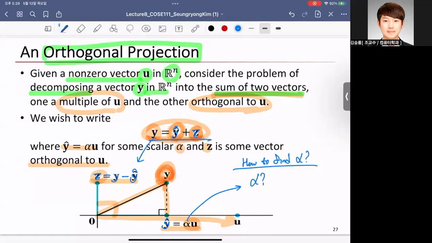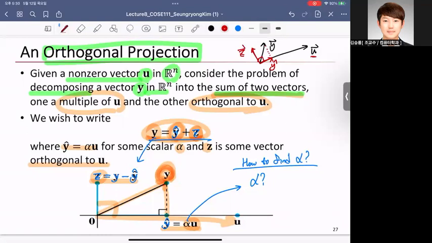What does the orthogonal projection mean? Let's suppose you have an arbitrary vector y and another arbitrary vector u. Orthogonal projection means you want to find the vector that is a multiple of u. So y hat should be in the same direction as u, and you want to find the orthogonal vector z in this case.